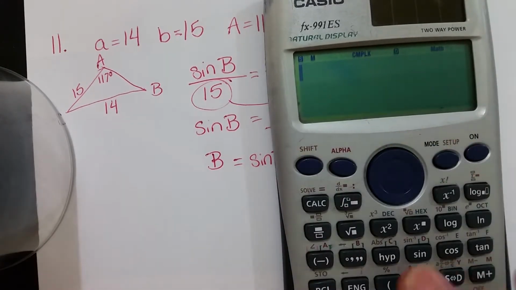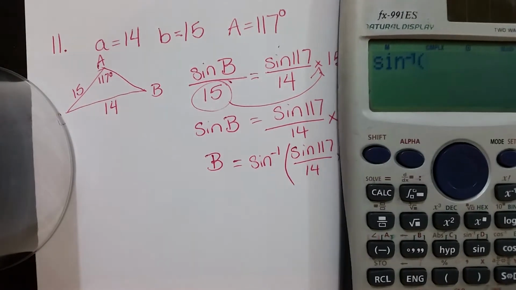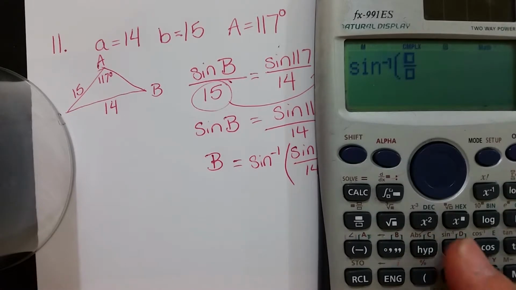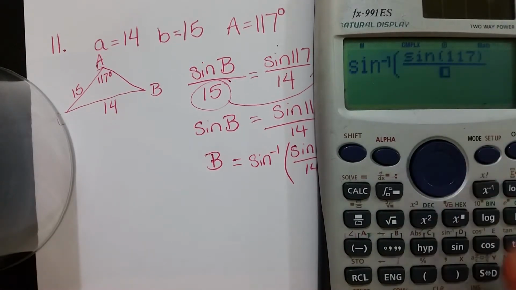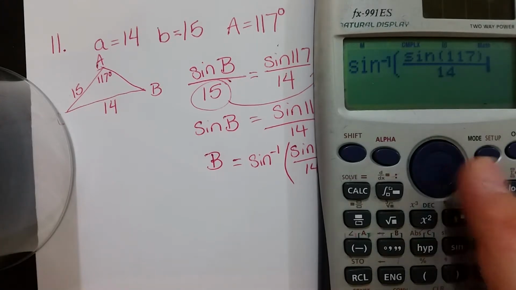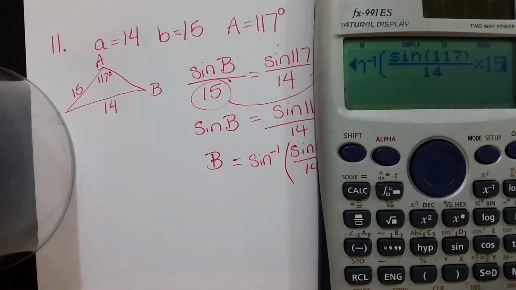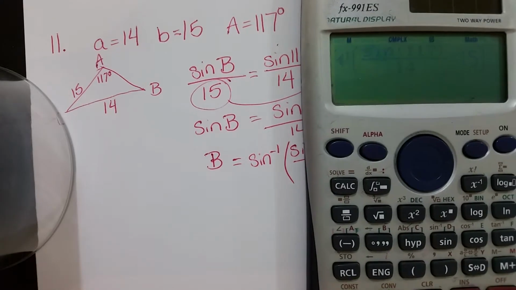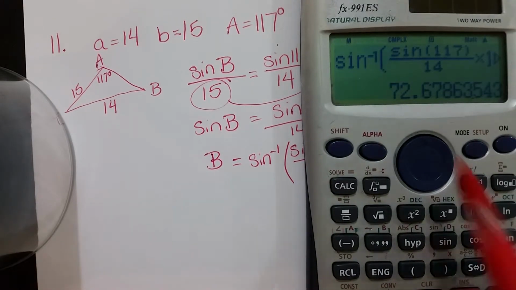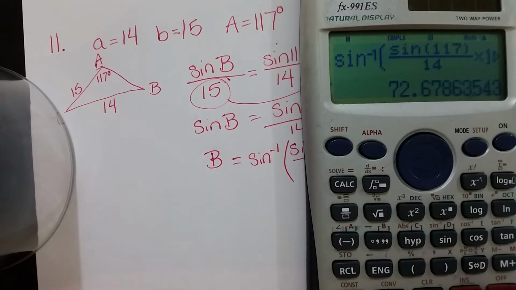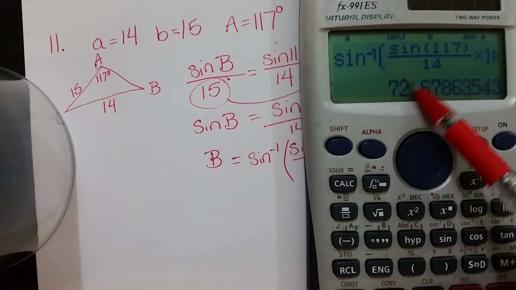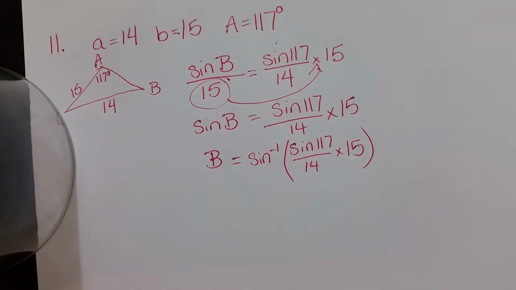So shift sine, and then we need a fraction with regular sine 117, close the brackets, over 14, make sure you go over, times 15, close the brackets, and in this case we get 72.67. So since this is an angle, I'm going to round to the nearest degree, 73.